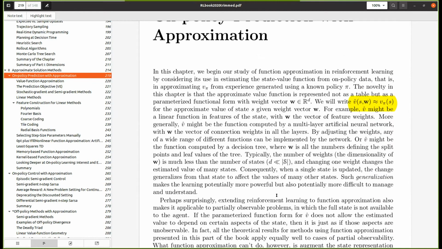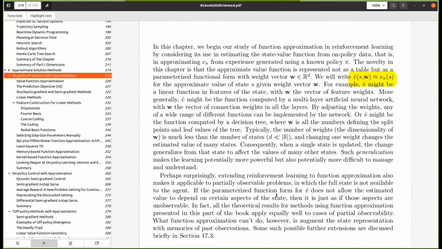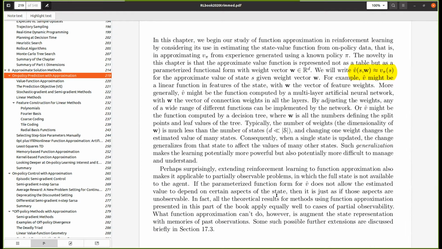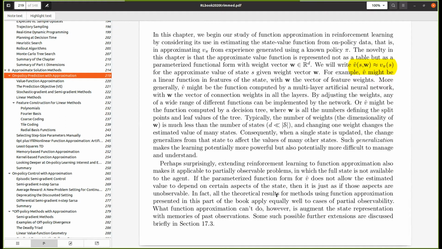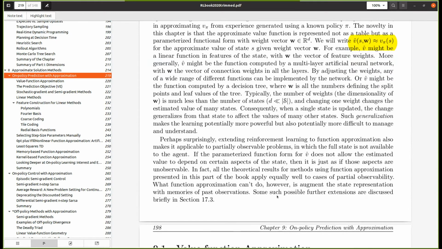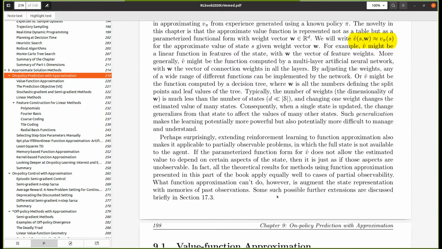So we don't talk about control. We follow the same pattern as before: we first consider the prediction problem, and then we will talk about the control problem afterwards.